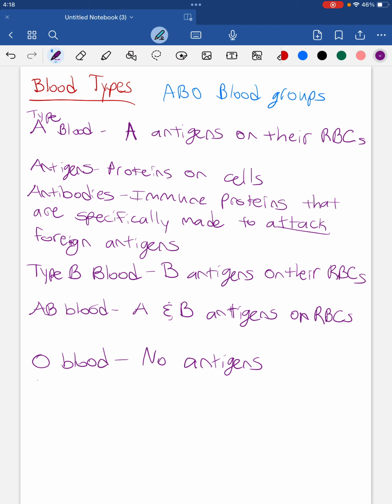Okay, so let's draw out what our antigens are going to look like. They're folded up proteins, but we're going to make it up that A looks like a circle here. Type B looks like a little square.